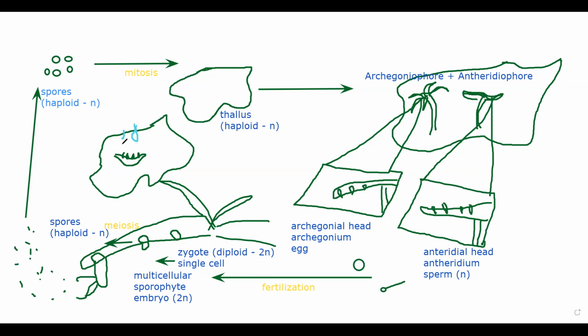So if it's raining and the water splashes out, it's possible that some of these gemmae will also splash out. And if they land in a suitable location, they will grow through mitosis into a new thallus.